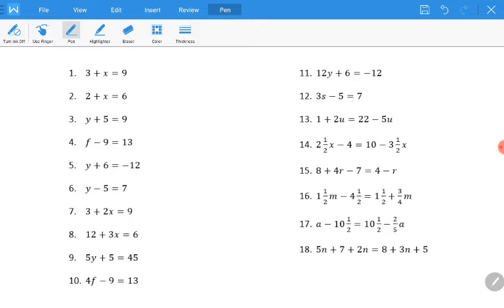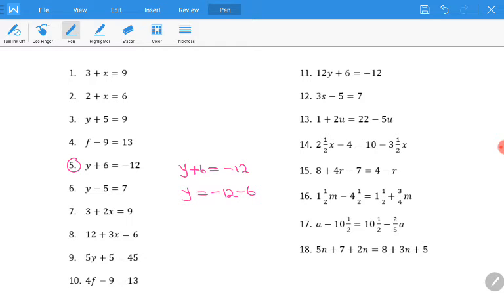So here I'm going to pick number 5 as my next example, which is saying y plus 6 is equal to negative 12. Again, this then becomes y is equal to negative 12 minus 6.